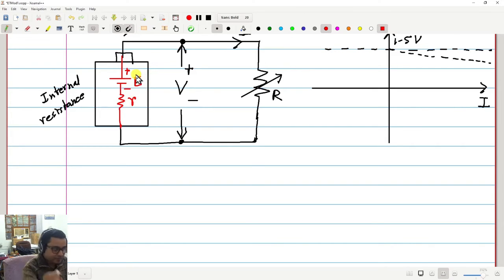Now what happens? Yes. Sir, will the internal resistance that we are telling here increase as the current increases? That is also an important thing. Yes. If you increase the current, then we have Joule heating, and if heating occurs, then for metals and other ohmic materials the resistance increases.